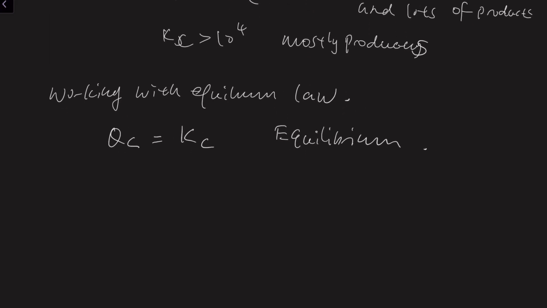Maybe I should emphasize, this is based on our own experiment. So the value of Qc does not necessarily equal Kc at all times. So we need to measure it ourselves.